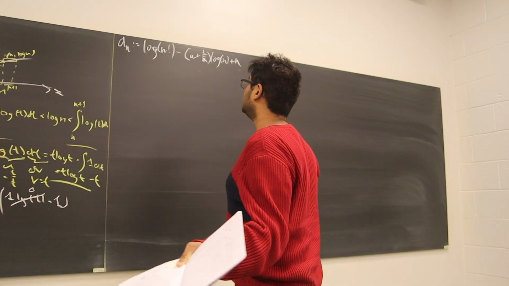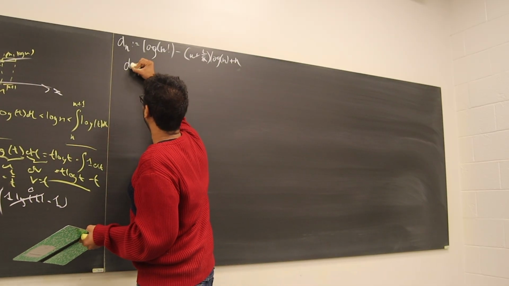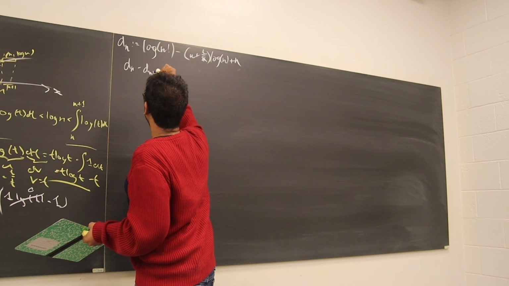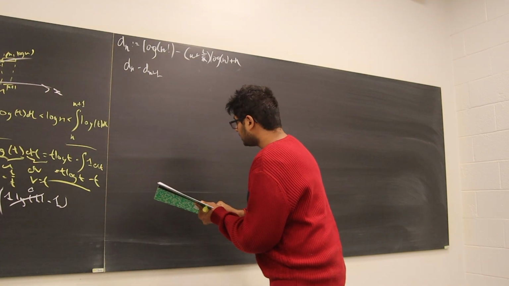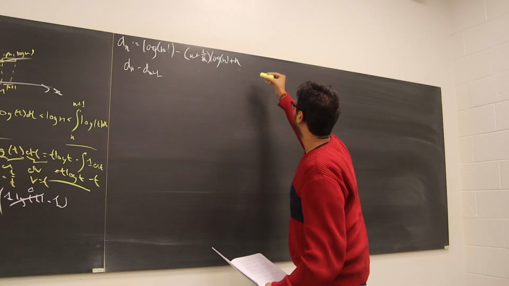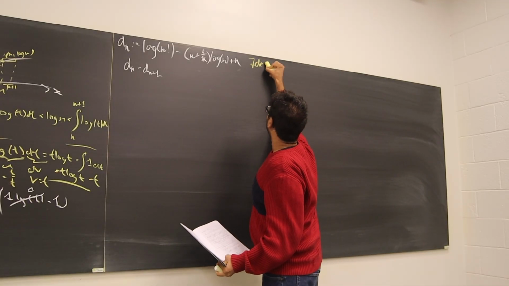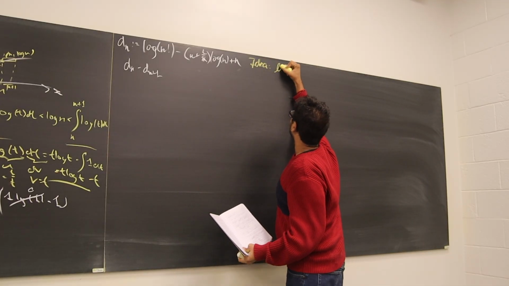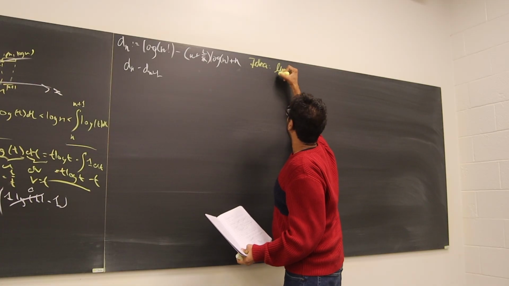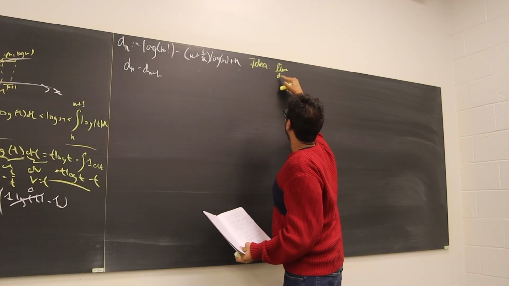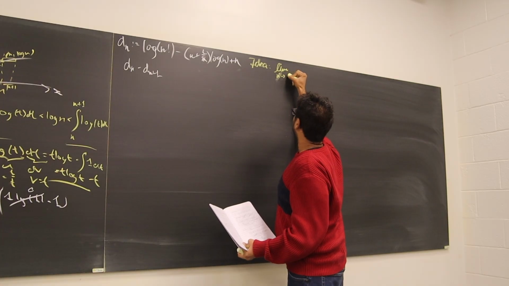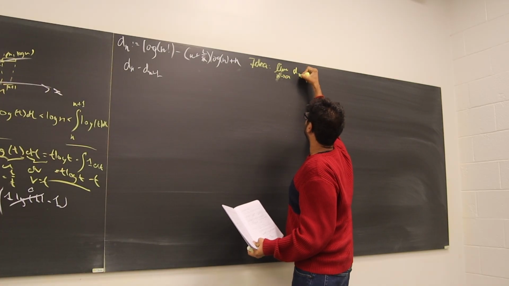So let's, for no reason, do dn minus dn plus 1. The general idea is we want to find the limit as n goes to infinity of dn. What eventually happens to the sequence?